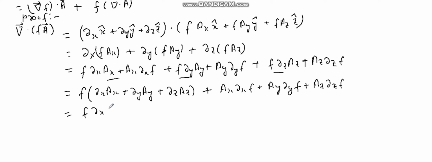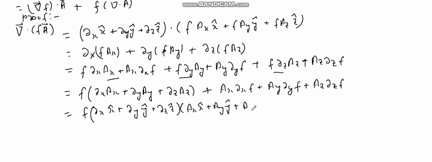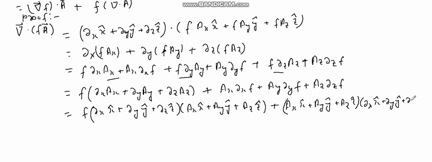And we can write it like this: ax x cap plus ay y cap plus az z cap, and for this term we will have this, ax x cap plus ay y cap plus az z cap, and then we have this del x cap plus del y cap plus del z cap, and f will be out here.